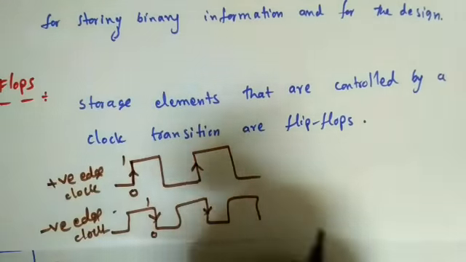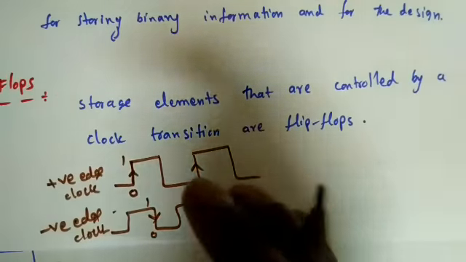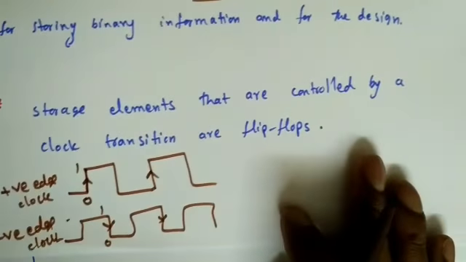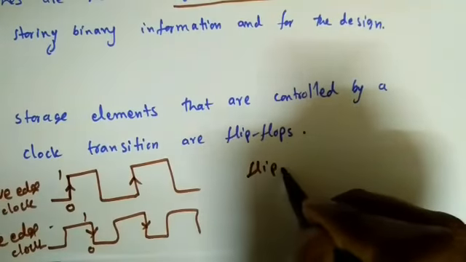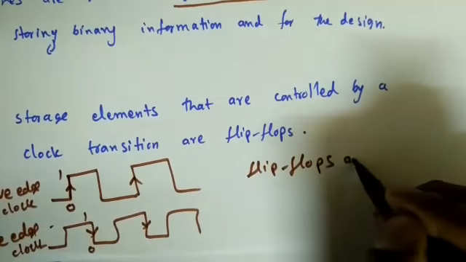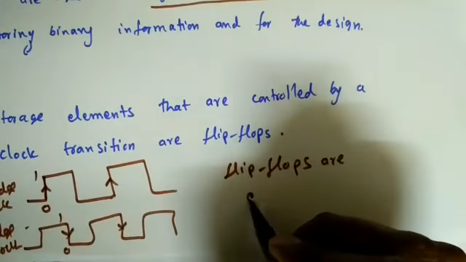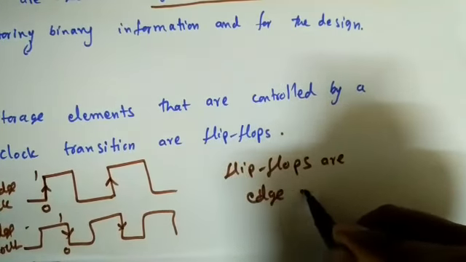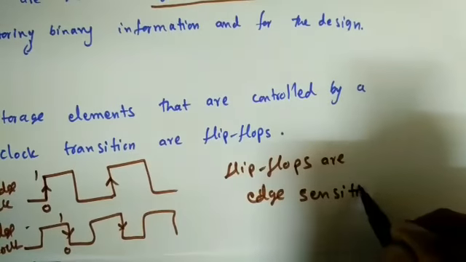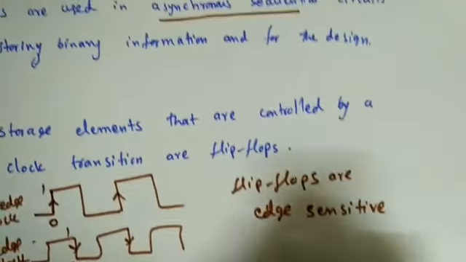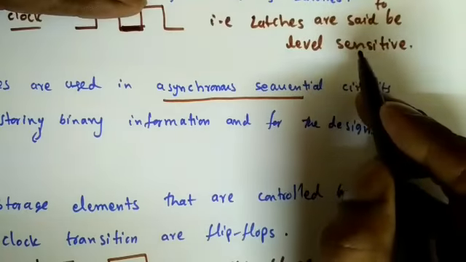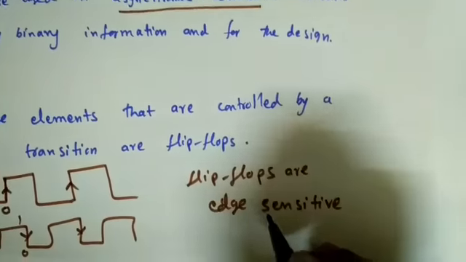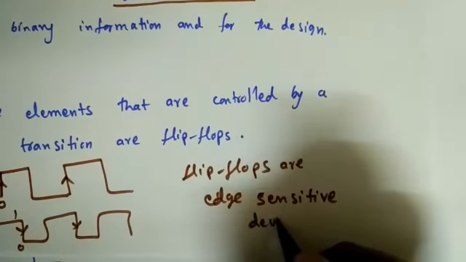So these storage elements, or flip-flops, are generally edge sensitive. This is the main difference between flip-flop and latch. A latch is a level sensitive device and a flip-flop is an edge sensitive device.